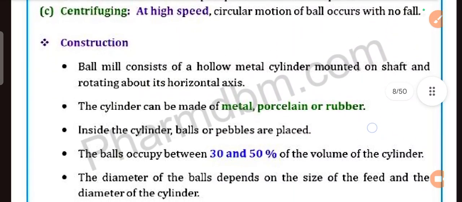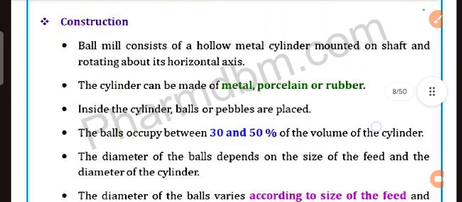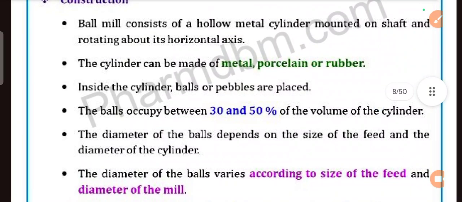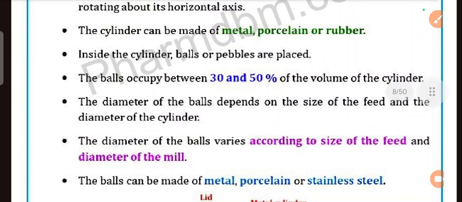Construction. Ball mill consists of a hollow metal cylinder mounted on a shaft and rotating about its horizontal axis. The cylinder can be made of metal, porcelain, or rubber. Inside the cylinder, balls or pebbles are placed. The balls occupy between 30 and 50% of the volume of the cylinder.